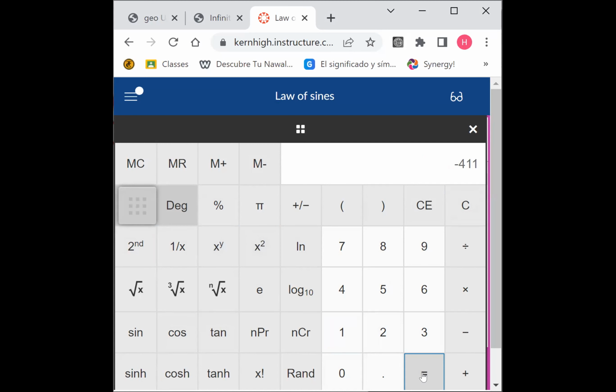I press equal, right? That was just the top. Let me put the bottom inside a parenthesis. So I have a negative 2 times 16 times 18. So it gives me what? 0.7135.